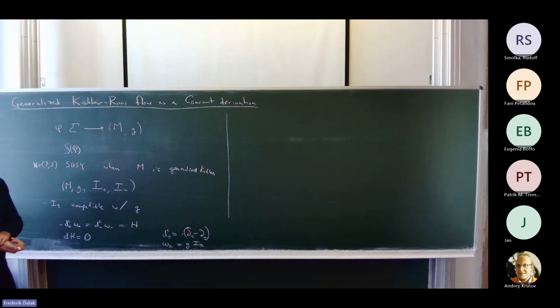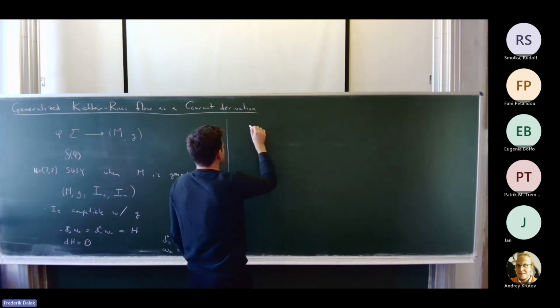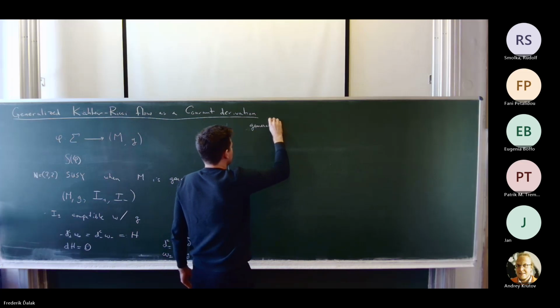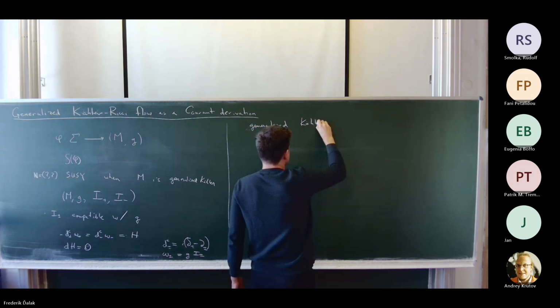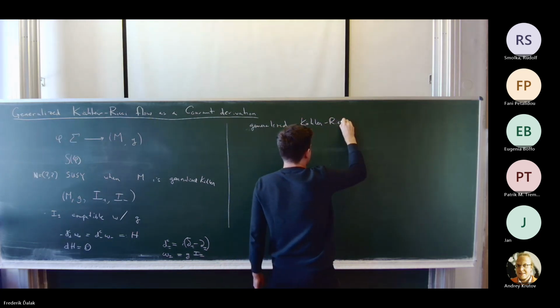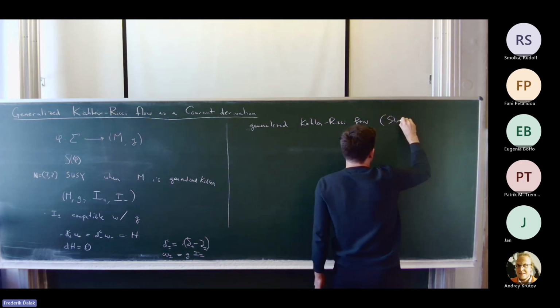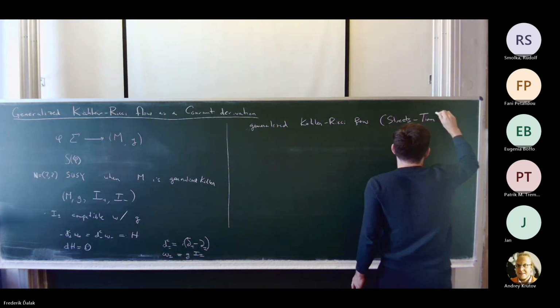Then much later, it was discovered that you could extend that flow to a flow of the whole generalized Kähler manifold. It's called generalized Kähler Ricci flow, discovered by Streets and Tian in 2010.